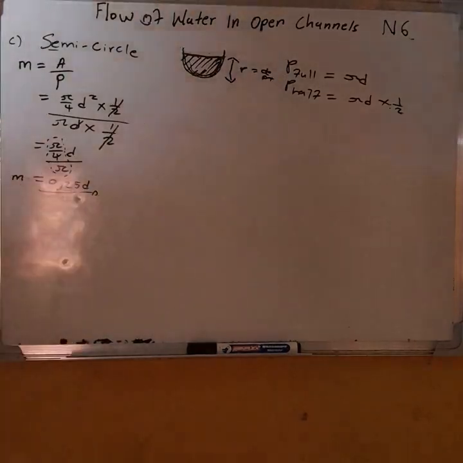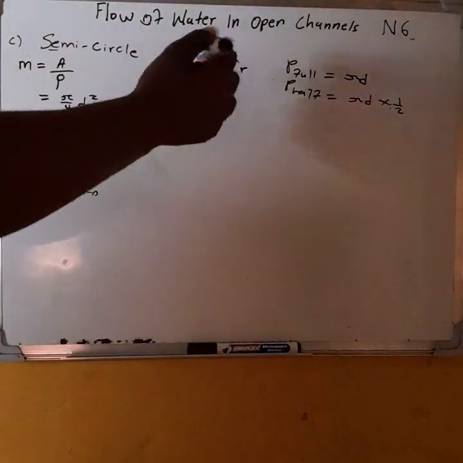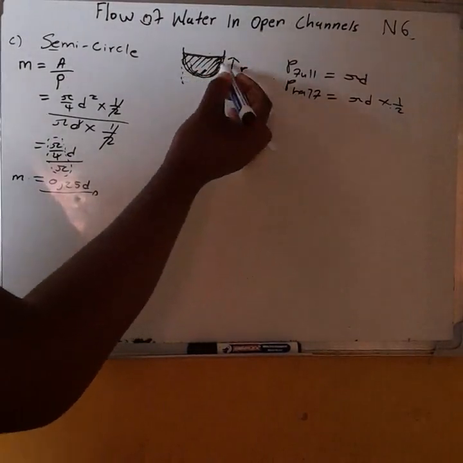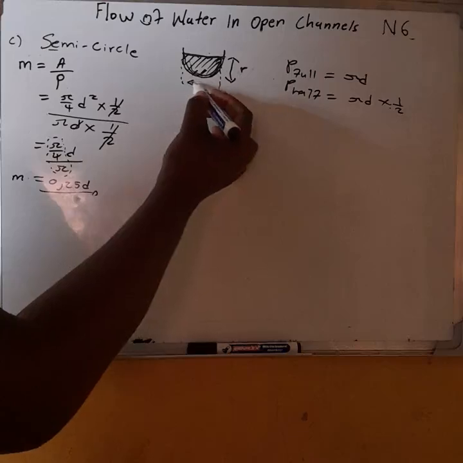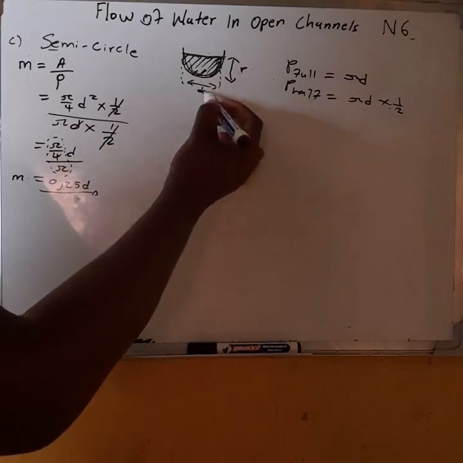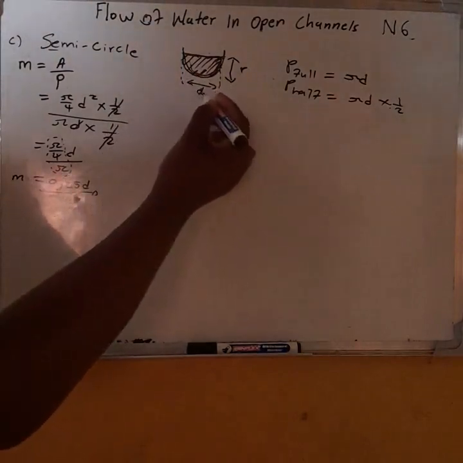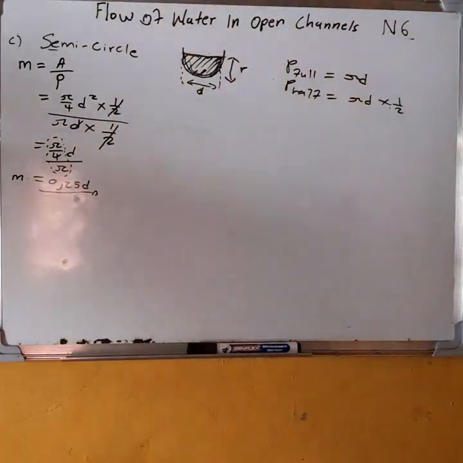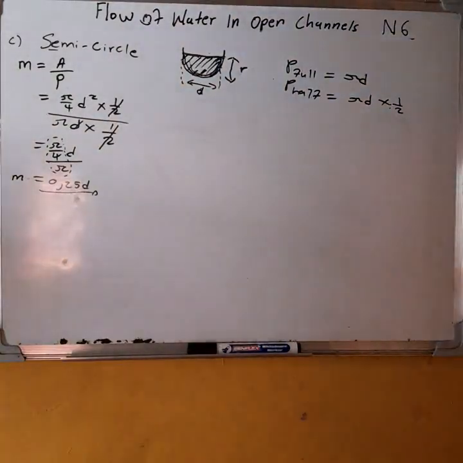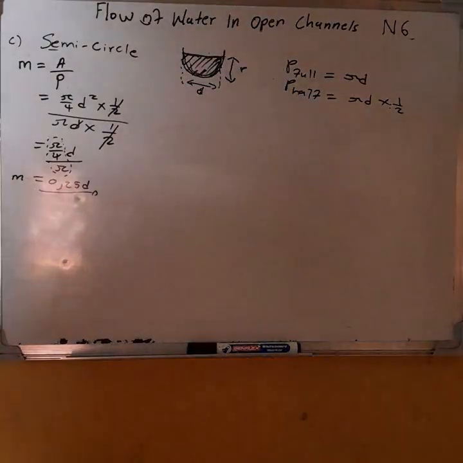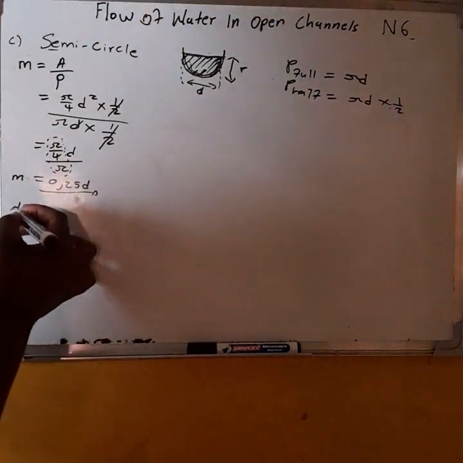The depth of this thing is r, from here until there, and this is d. Understand the diameter? Good. That is d. We're done with this.